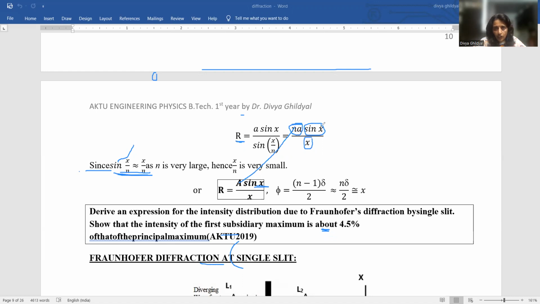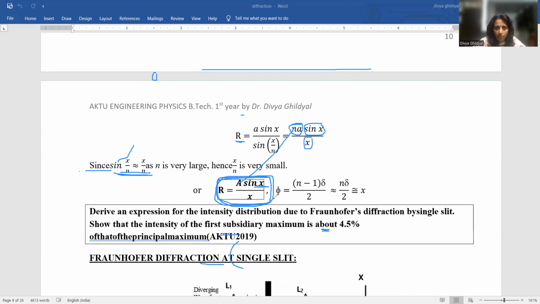So as n is large and hence x very small, we can take sine x by x. The resultant amplitude expression becomes equal to A sine x by x. This approximation we will take when we do the single slit case.